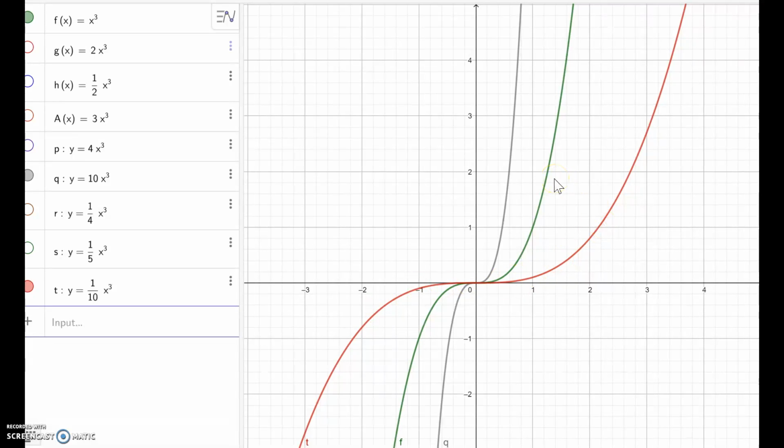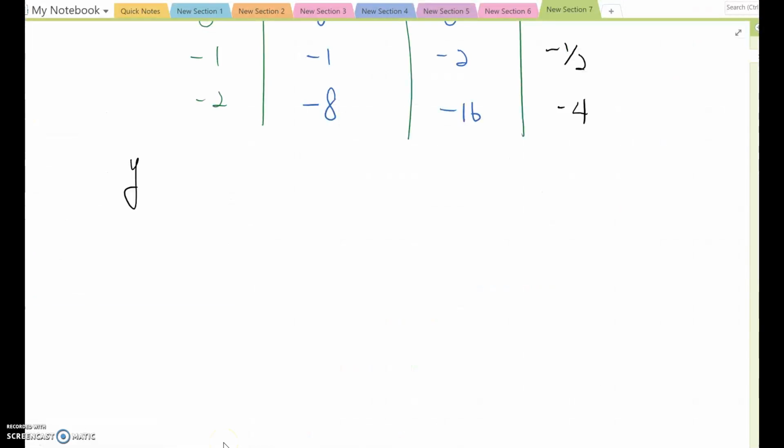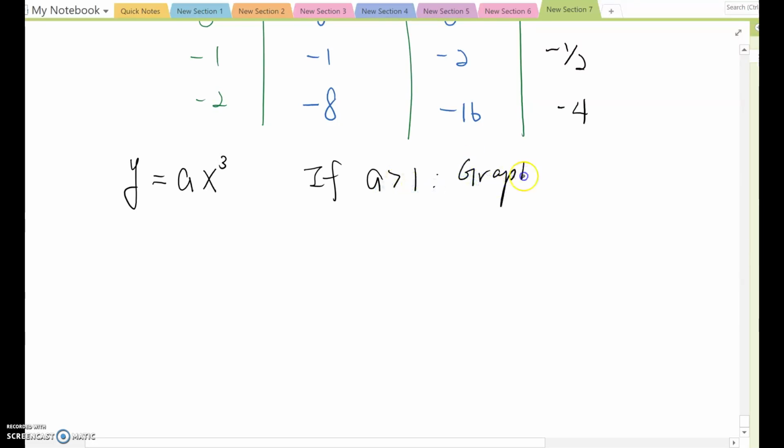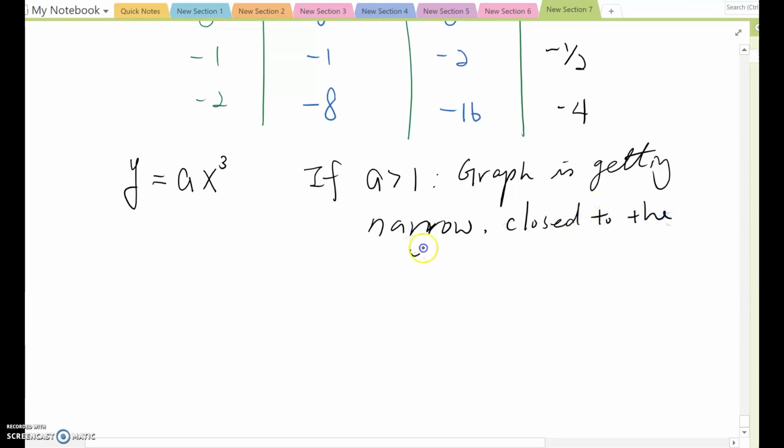So as a conclusion, we can say that if given y equal to ax cubed, if a is bigger than 1, the graph is getting narrower and closer to the y-axis.